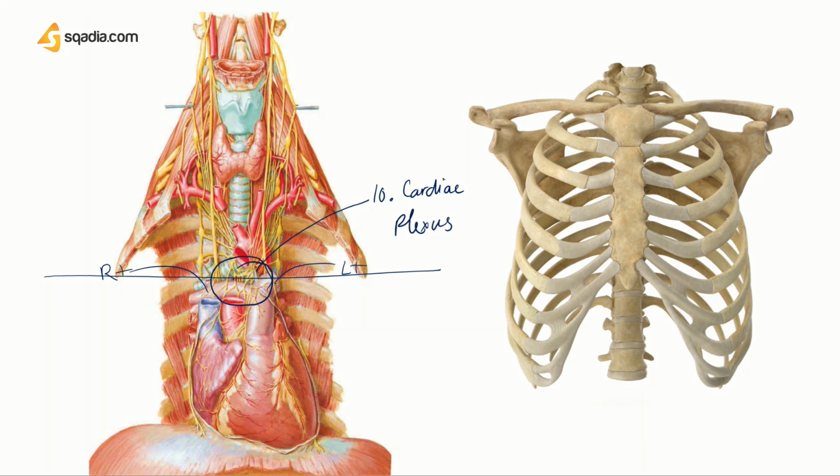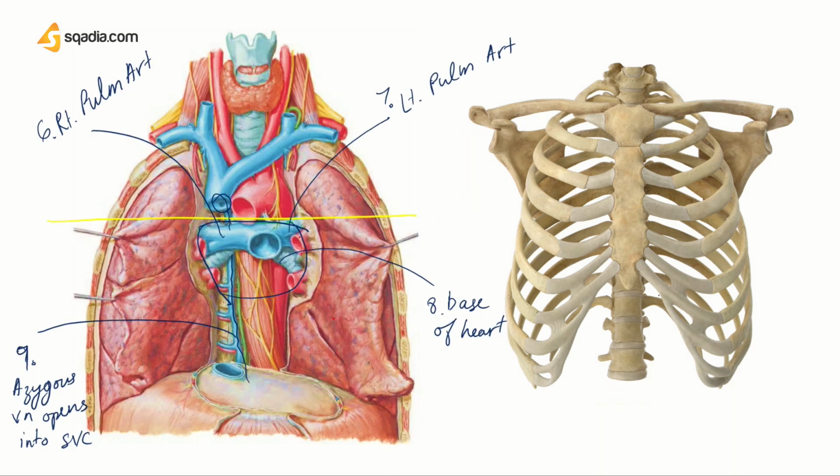Okay, so the next structure is the trachea. The trachea also divides into the right and left bronchi. So let's go back to the previous slide. You can see a better view over here. So here is the trachea going down. Now it's going to be behind these blood vessels.